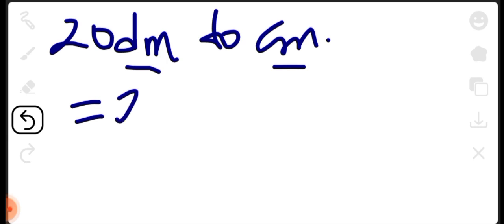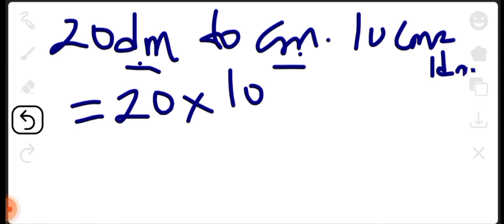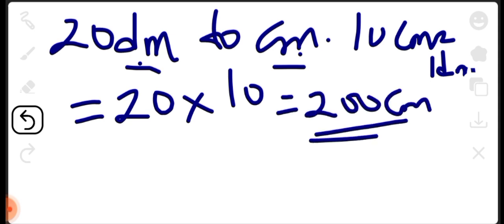So we multiply 20 times that 10, because 10 centimeters equals 1 decimeter. So how many centimeters will be equal to 20 decimeters? Just use this 20 to multiply this 10. That will give us 200 centimeters. That is 200 centimeters equal to 20 decimeters.